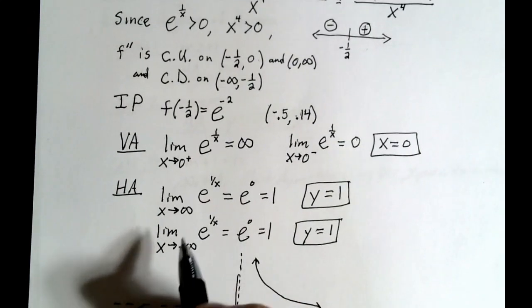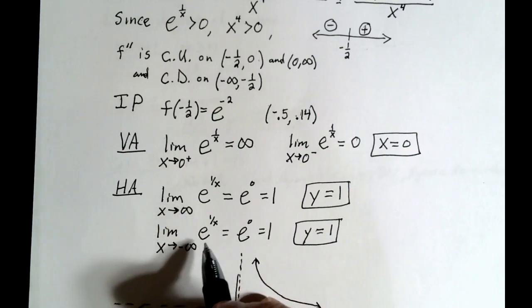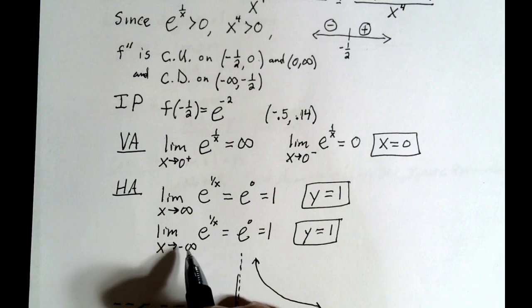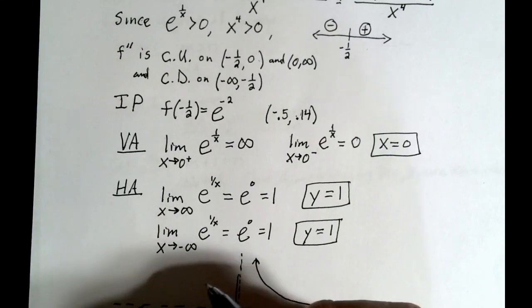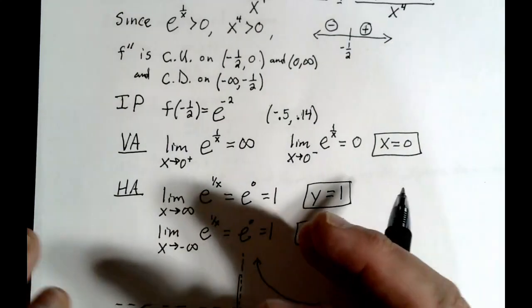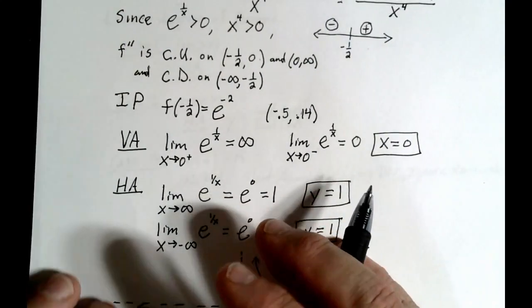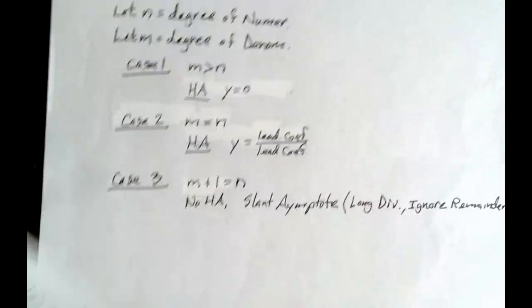If the top is smaller degree than the bottom, it will have a horizontal asymptote. If the top is equal to the same degree as the bottom, it will have an asymptote at y equals the leading coefficient over the leading coefficient. And if the top is 1 degree larger than the bottom, it will have what's called a slant asymptote, which the only way you can find is by doing long division.